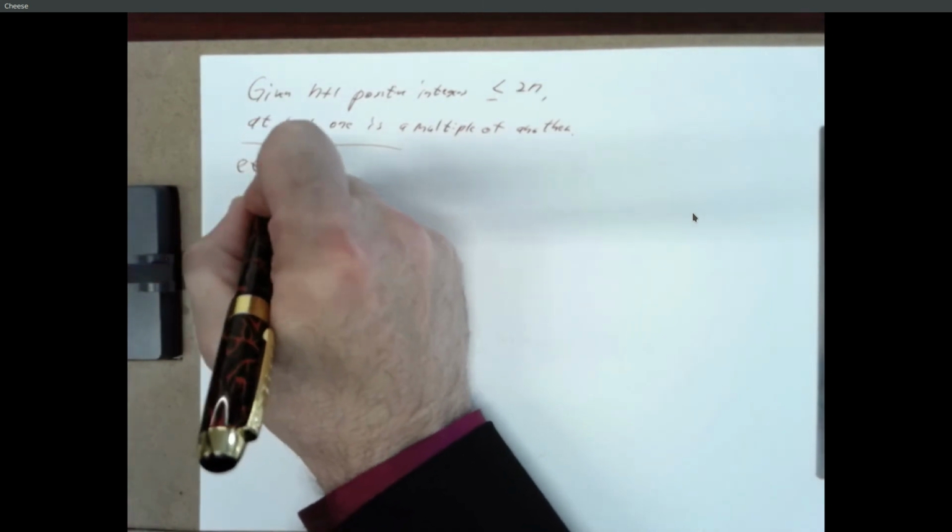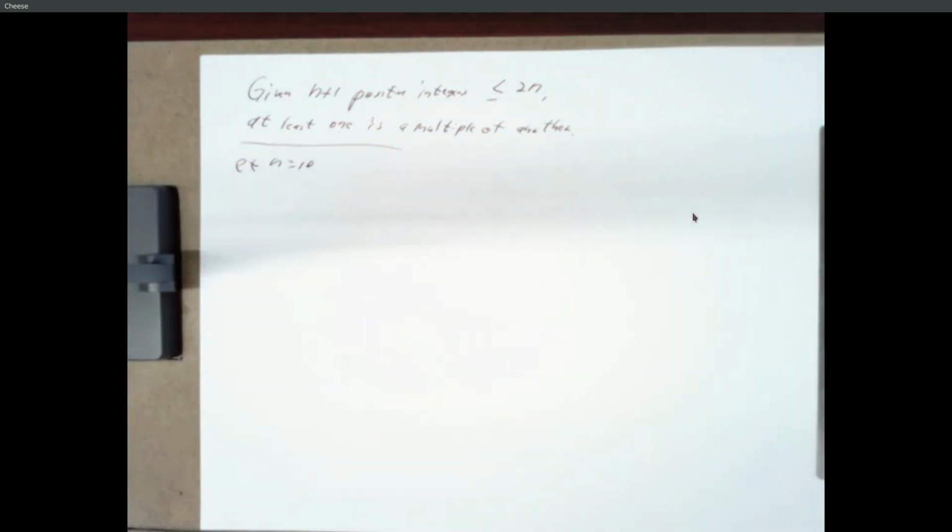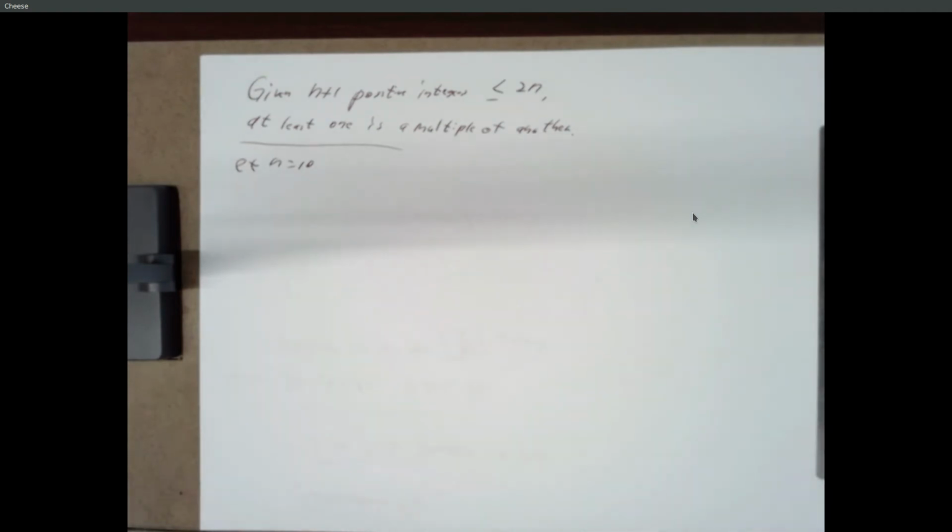So for example, n equals 10. It says if we pick 11 positive integers less than or equal to 20, at least one is going to be a multiple of another.